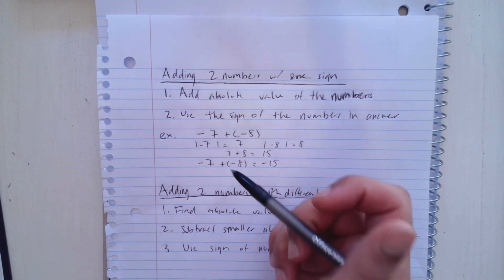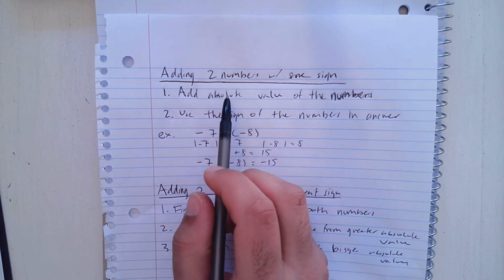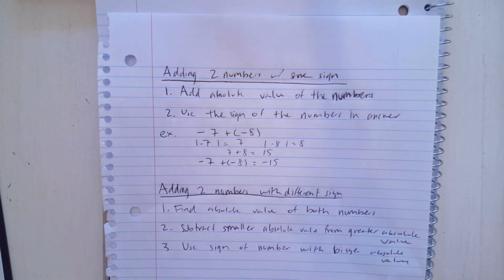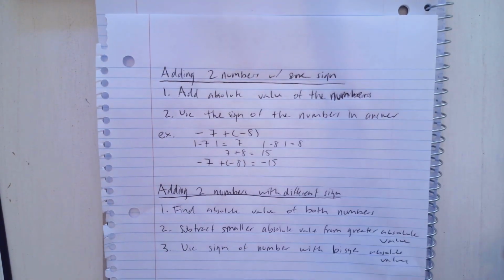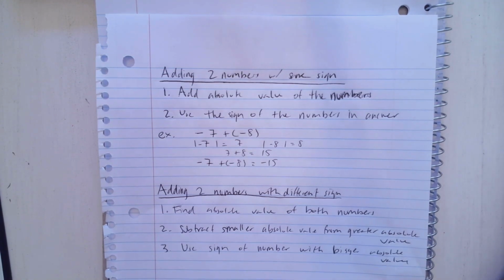So let's start with two numbers of the same sign. We take the absolute value of the numbers as our first step. Our second step would be to add the absolute value of the numbers.